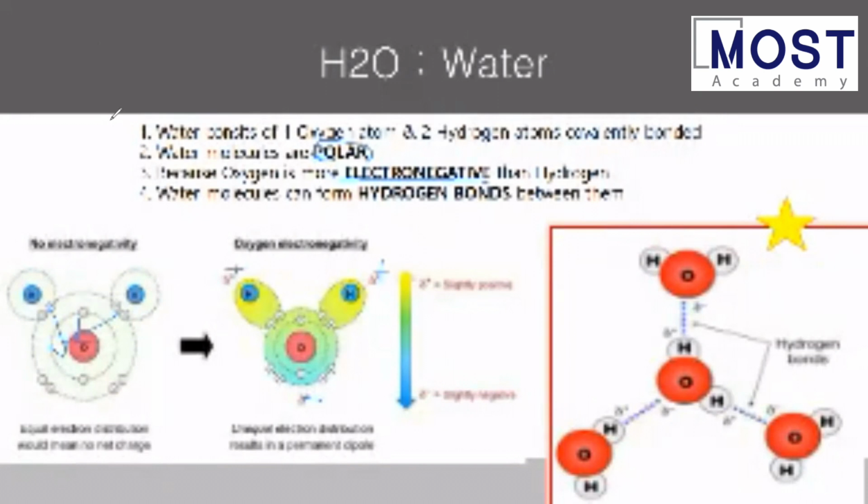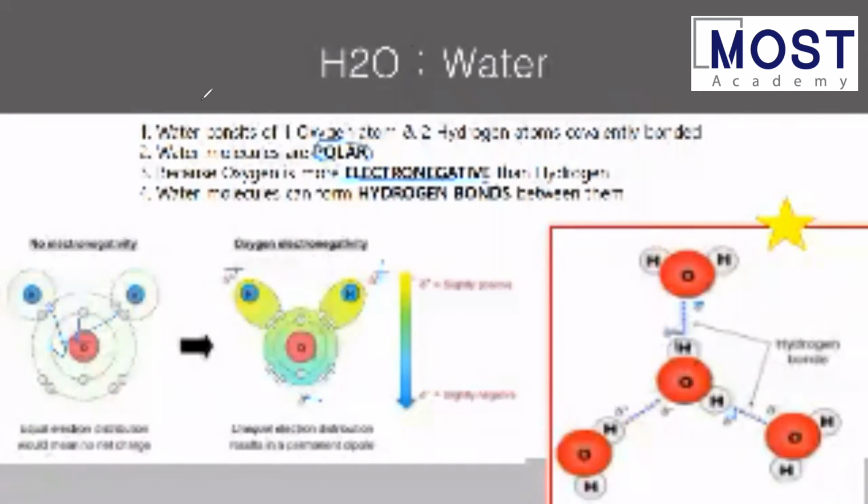So why it is important for water to be a polar molecule is that since they have charges, they could form attractions between different water molecules. So if you look at the third picture here, the oxygen in one molecule has a negative charge, and you could see another water molecule here which has plus charges on the hydrogen.